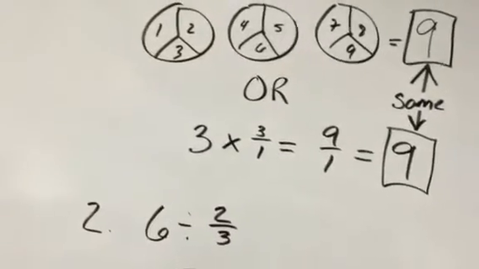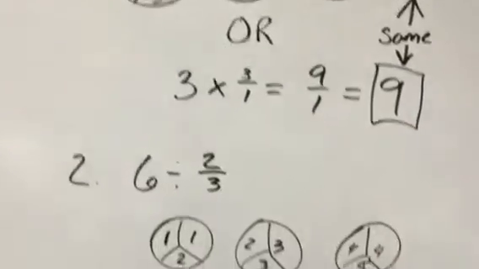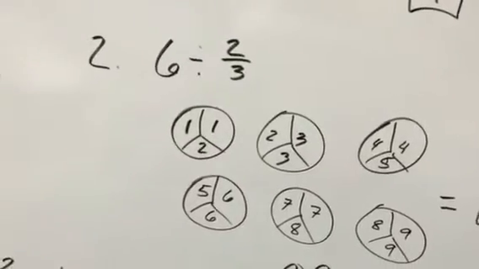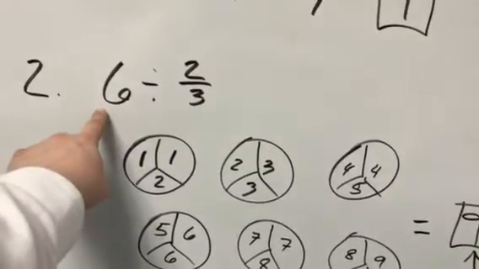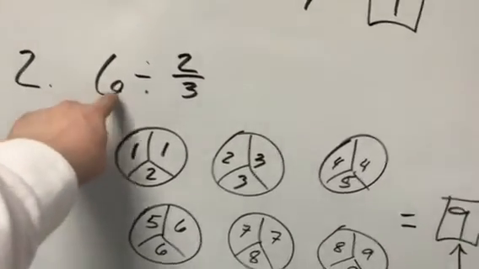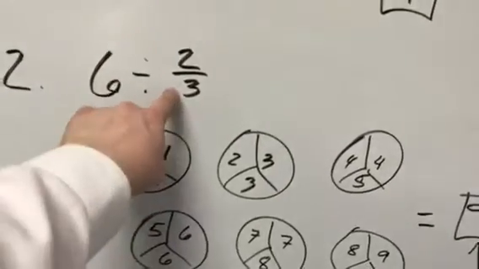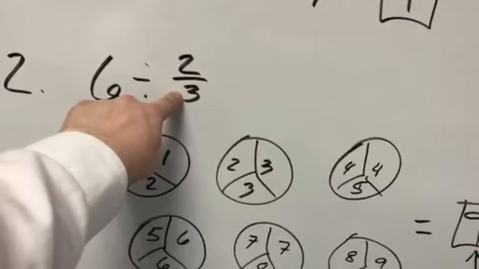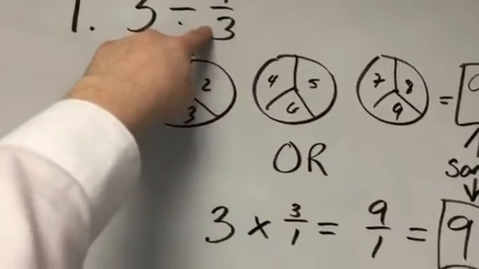Let's look at the second one, 6 divided by 2/3. So again, to do the drawing first, I drew 6 circles because my whole number was 6. And I'm dividing by 2/3. So I broke it into, again, thirds because that was my denominator.